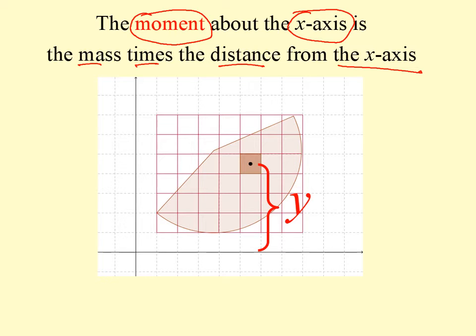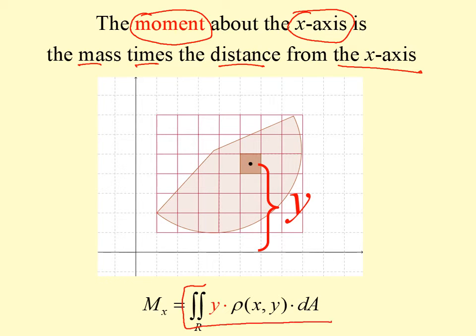Now, it may not always be rectangular coordinates that we're interested in, so even though in this particular section we're using y to represent this distance, keep in mind that it is indeed the distance. We may have to have some other way of coming up with that. Now notice when we take the integral for mass, which is this without the y in it, that's the mass. So there's the mass times the distance. So this is the distance we were talking about.